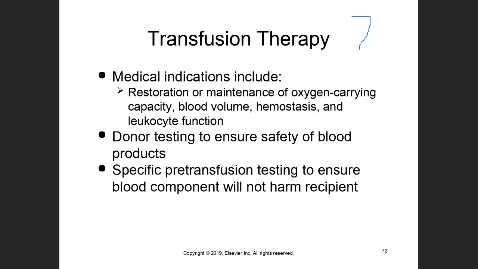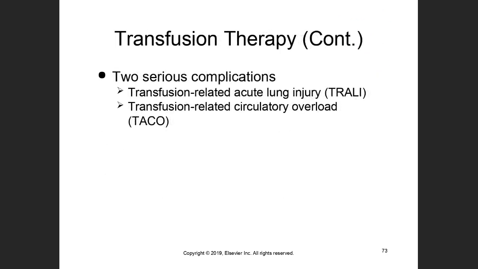Or if the hemoglobin is changing really fast, meaning it is dropping really fast, then you also give the transfusion. But most of the time, the number you have to know is 7, and then the hematocrit, 21. Serious complications are transfusion-related acute lung injury and transfusion-associated circulatory overload.